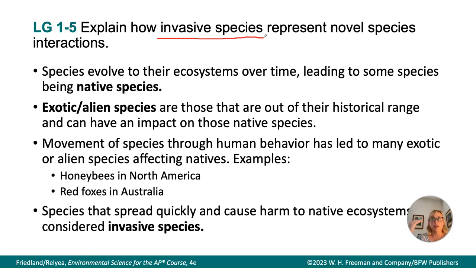If you don't belong in that place and you're brought in by humans or by the wind or some other phenomena, you're considered an alien or an exotic species. And humans can do this. Humans have brought in species on purpose and sometimes by accident. And when an exotic or alien species becomes a problem, it's called an invasive species.